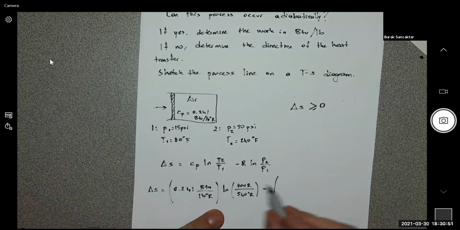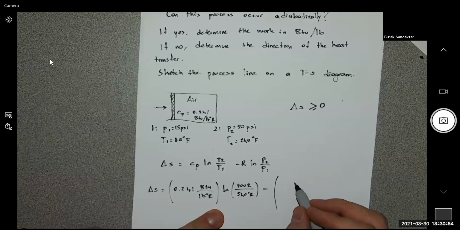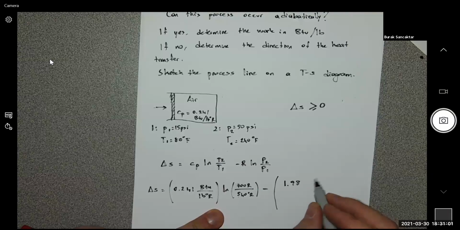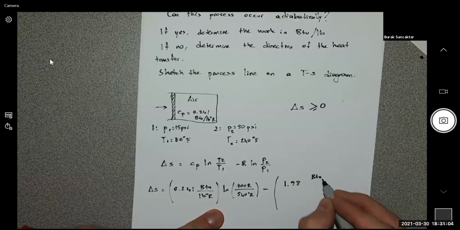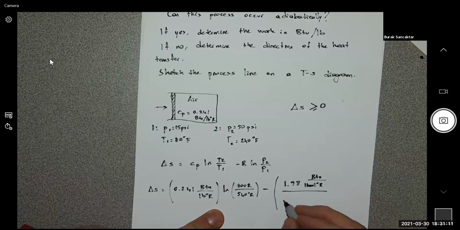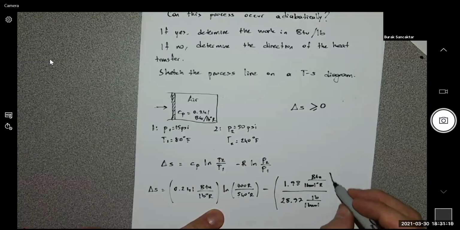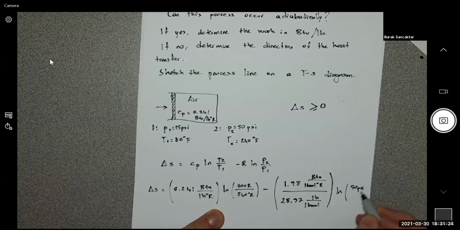And R is the universal gas constant over the molecular weight, 1.98 BTU per pound mole degree Rankine over the molecular weight of air, 28.97 pound per pound mole, times natural log of pressure at state 2 over pressure at state 1.